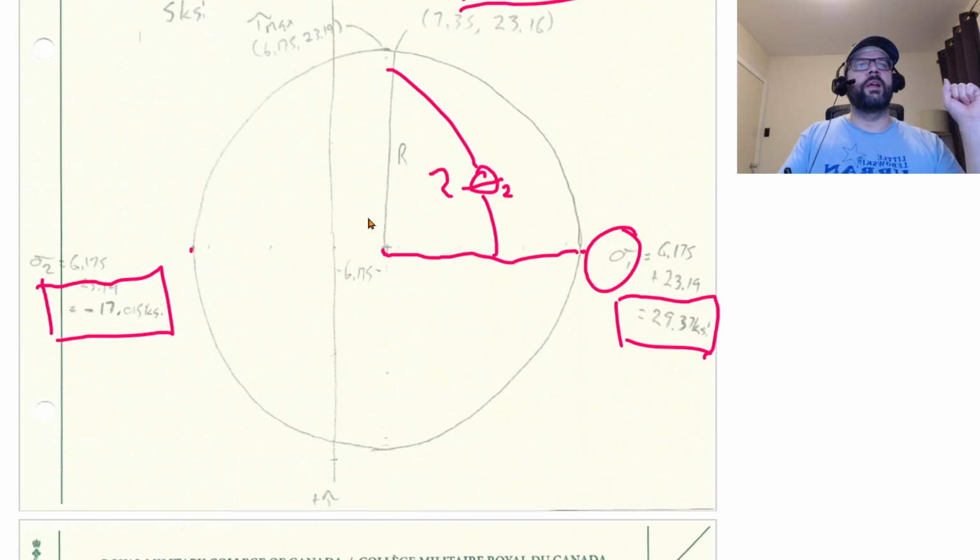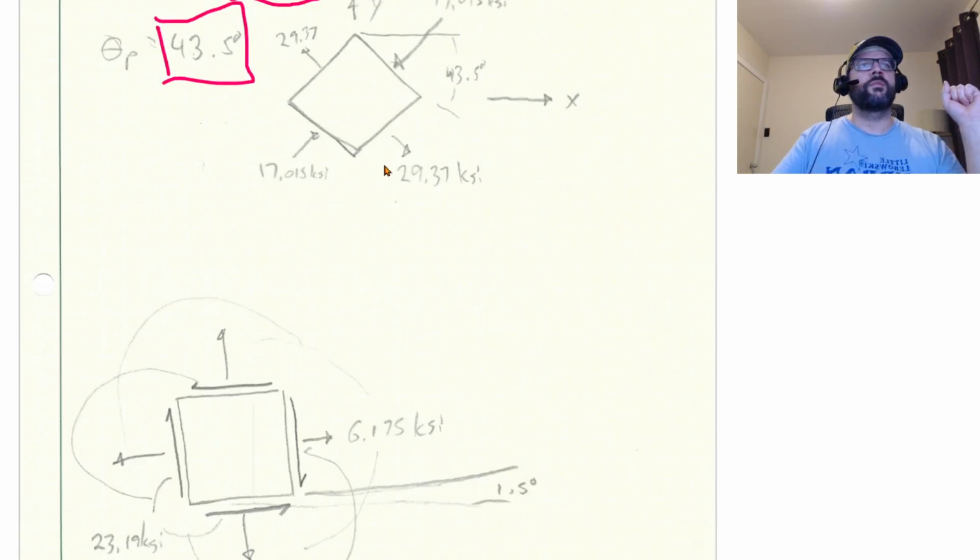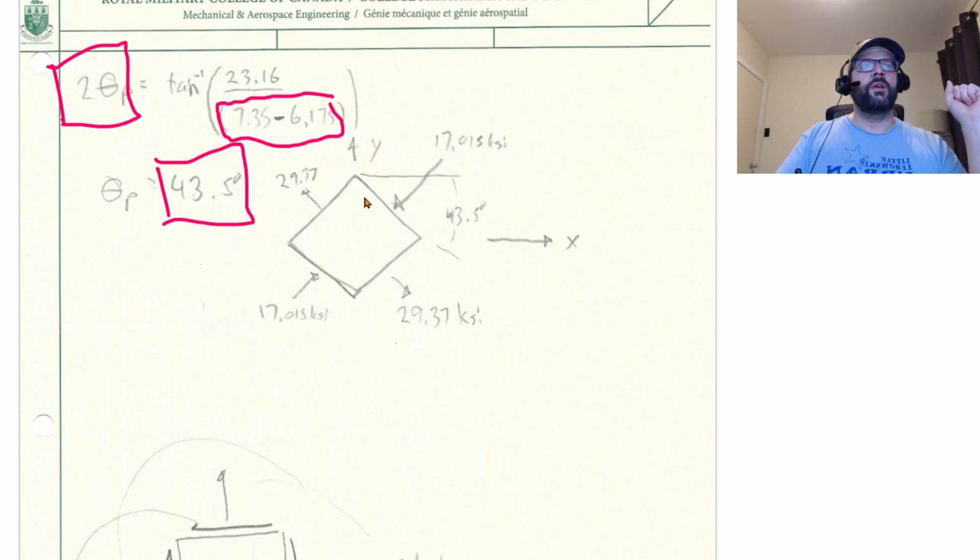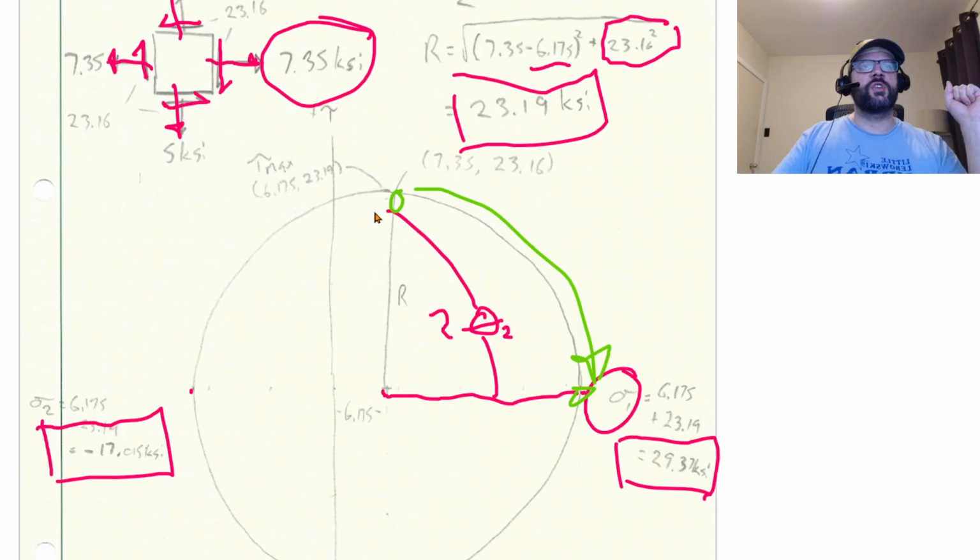And to get from here to here, we need to rotate clockwise that amount. So if we're rotating clockwise, we end up with an element that's located like this. If we want to know which one's which, we are starting out with this.